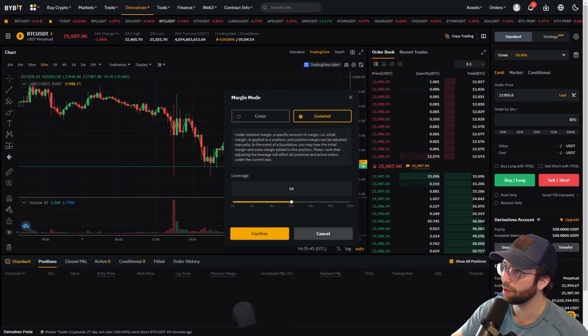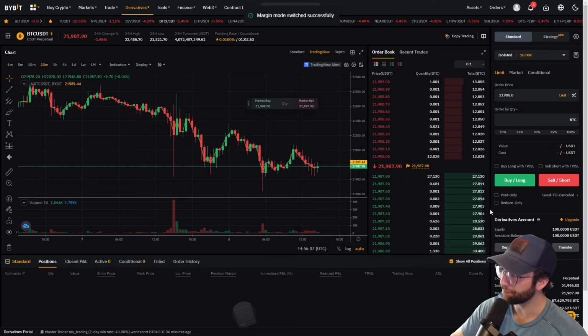Versus here, if you let your trade get liquidated instead of using a stop loss with proper risk management, you're only going to lose the amount you risked. In this case, 20 USDT, not the whole balance. So I always trade on isolated, and I recommend, especially if you're a beginner, to use isolated as well. Okay, so we'll go ahead and make that change.